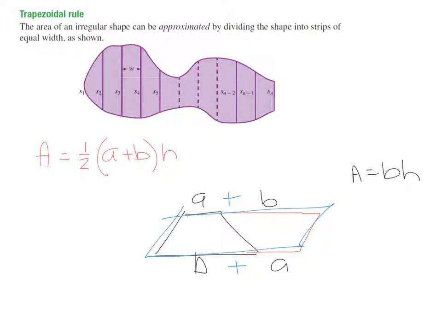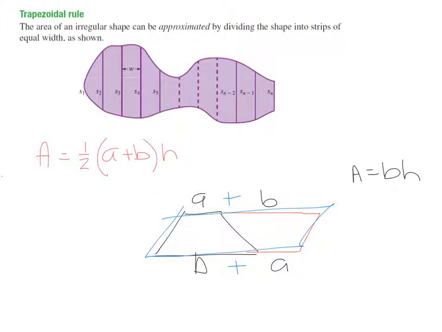Now the base is going to be A plus B, isn't it? The length from here to here. And no matter which side we do, that's A plus B. So base is A plus B, and height is this perpendicular height. Well, we have the height up here too. We're still doing the base of the parallelogram times height.